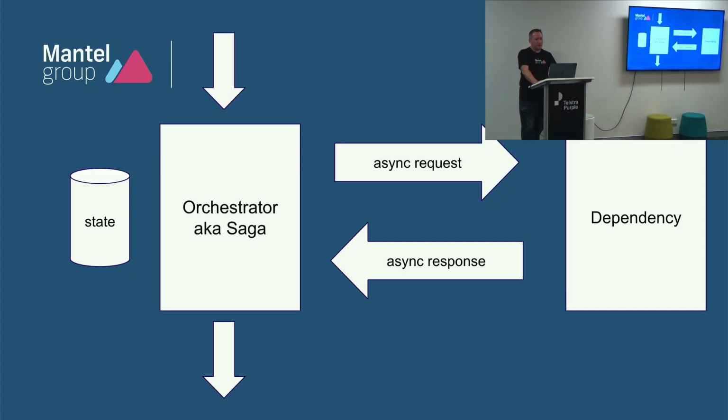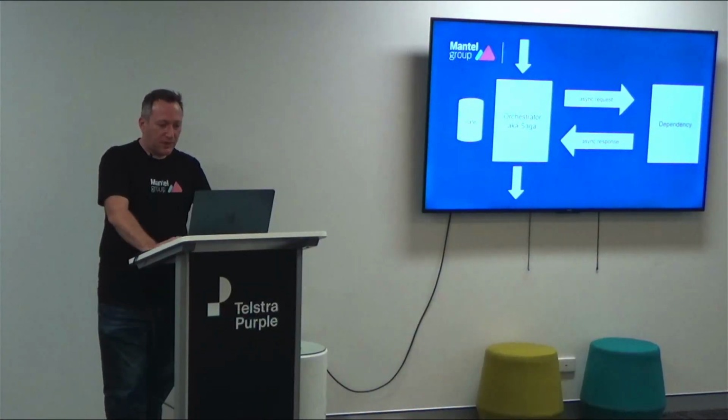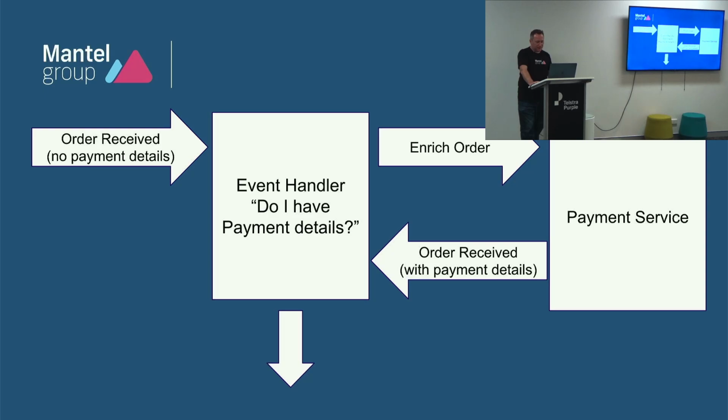Now it is possible to implement workflows without a stateful saga, but in that kind of pattern, you put your state inside the messages. So here's a pattern that I've sometimes heard called, or I've definitely called, the enrichment pattern. I've got an order received message coming in. That message has the details of the order, but it doesn't contain the payment details because we haven't done the payment yet. But if I send that next request off, including enough state, to a payment service, then when that payment service completes its thing, it sends back the same message type, order received.